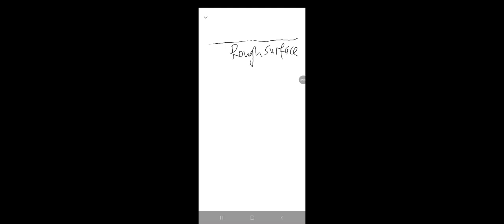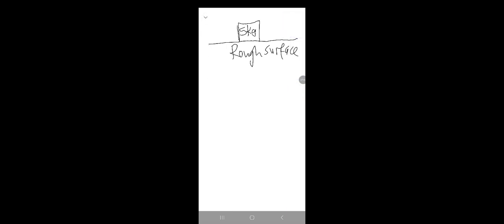So if there's a rough surface, let's say it's still using 5 kg, with a small letter k, please. And I'm still having your force applied of 60 newtons.